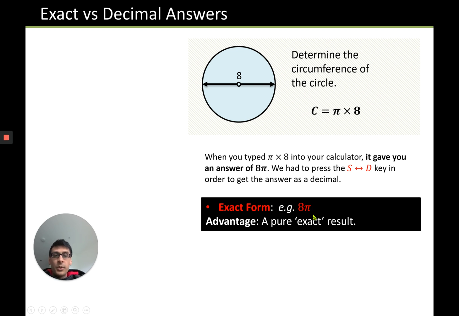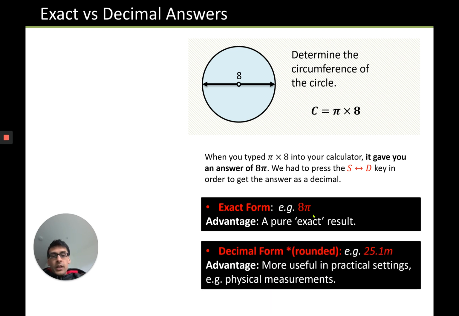So for example, in this case, it's 8 pi, or 2/3 pi, or 6/10 or 6/30 or something, and you simplify the fraction and you leave the pi as it is. Otherwise, you press SD, which stands for surd to decimal, and it will convert your answer in terms of pi into a decimal, and that will depend on the question how you round it.